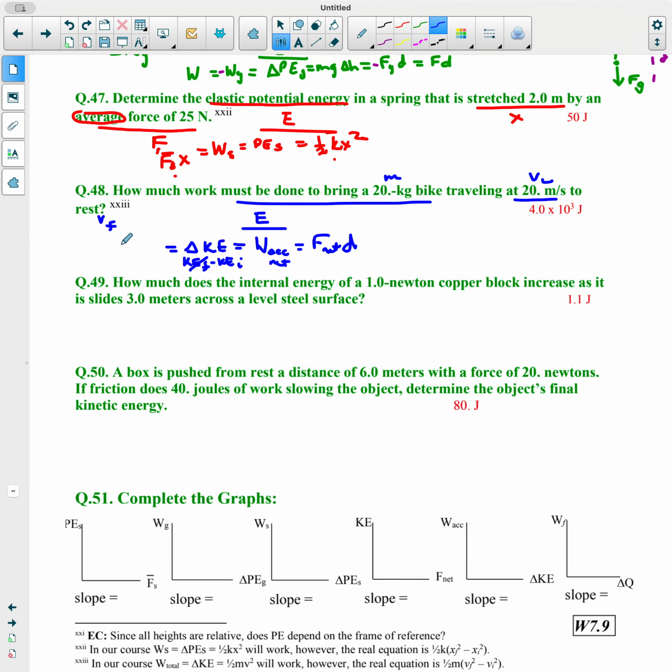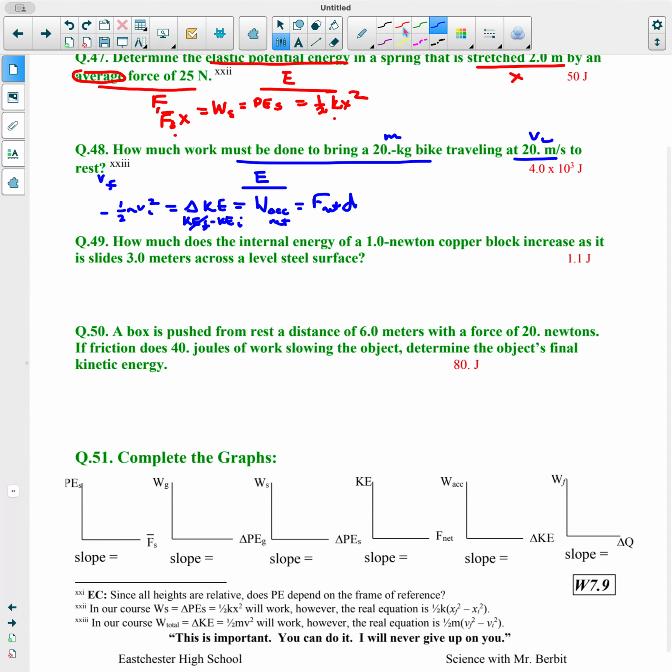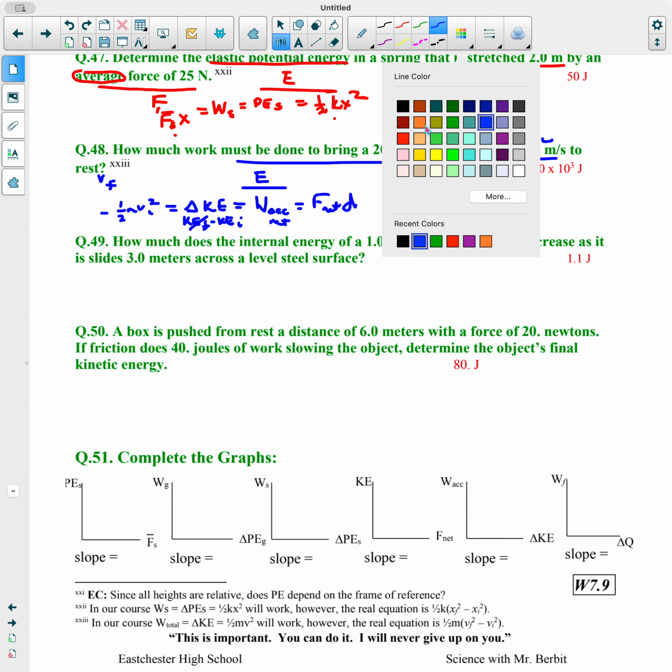But that's just half mv initial squared. Boom. And they're not going to sweat you with the negative over here and what that means. But look at the way. So you could get this work via FD, difficult here because they didn't give you F or D, or via delta KE. So this is really a nice problem. And same junk over here. This could be the kind of the last-ish one on this.